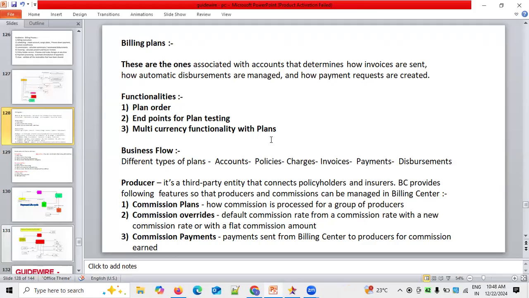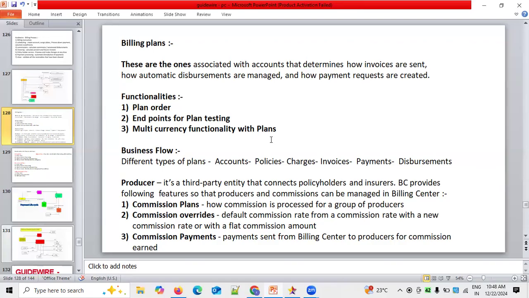Next, when it comes to commission overrides, this is nothing but overriding a default commissioning rate with any kind of new commission rate or a flat commission amount. That's what we call commission override. The third one is commission payments, meaning the payments that are sent from billing center to the producer for the commission they earn based on the customers they have acquired for a particular insurance product.